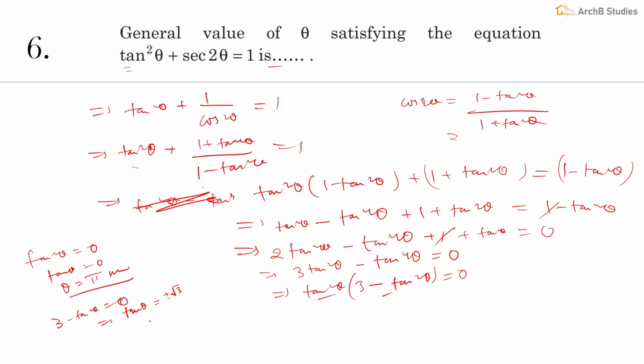This gives us theta equal to plus minus pi by 3 in the multiples of it, so we can write as n pi. So theta belongs to n pi, comma, n pi plus minus pi by 3.